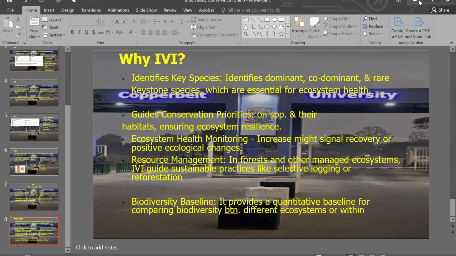In our next class, I'll teach you how to use the Shannon Diversity Index. And then from there, we'll look at a few Environmental Management Acts so that we appreciate the authority that we use in Zambia and also at a global scale to conserve biodiversity. And then after that, you should be ready for the exam.